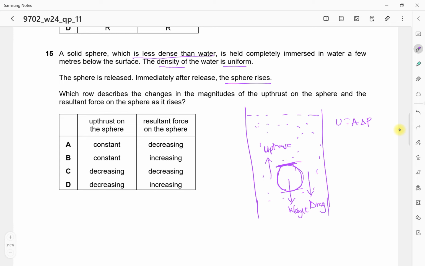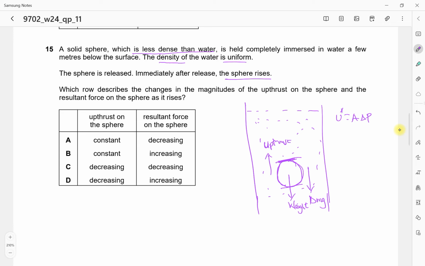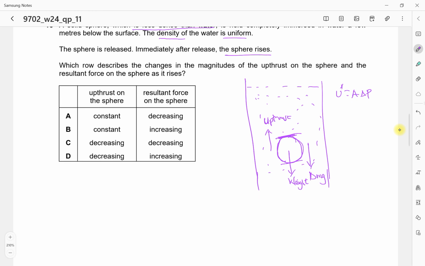So the upthrust remains constant, but then what happens to the resultant force? As it moves upwards, we know that the drag depends on the speed.